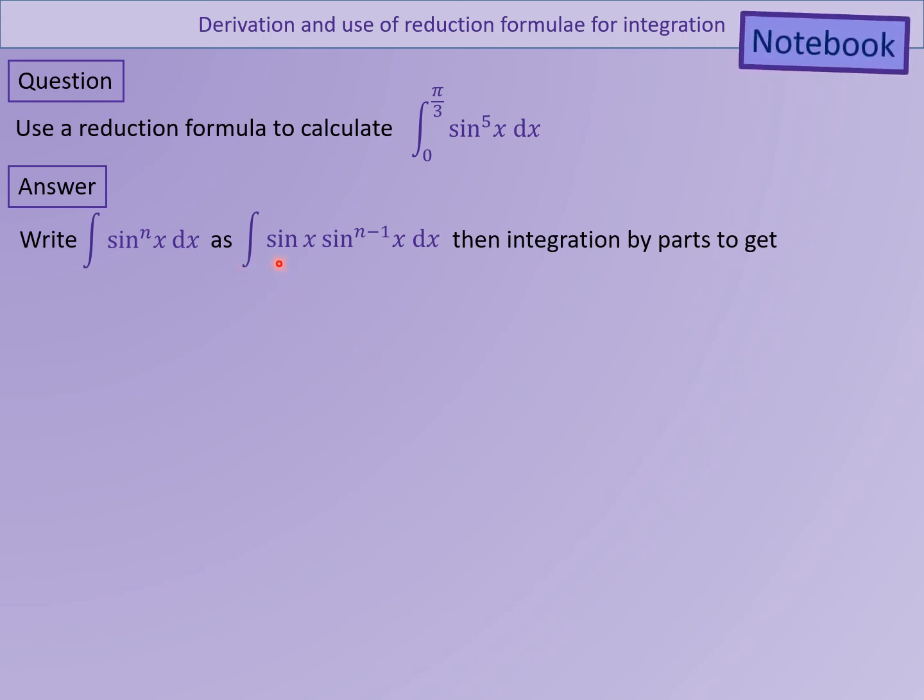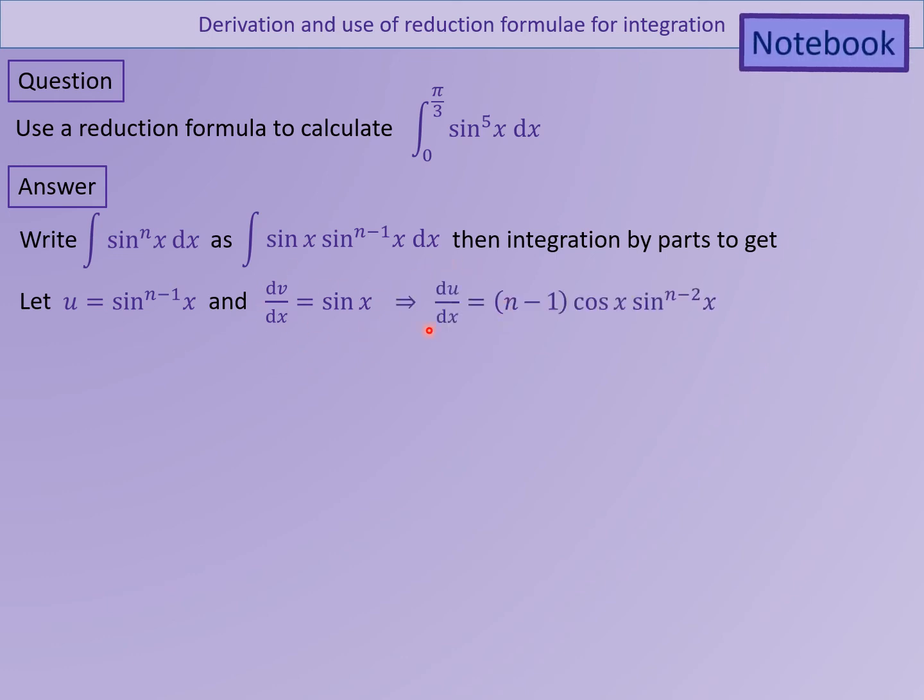So now I've got sine x times sine n minus 1 x. Okay, I've taken that out so it's still exactly the same. It is equivalent. I can now use integration by parts. Leave alone, differentiate, whichever bit I like. So I'm going to choose to differentiate the sine to the power n minus 1 because that's going to be a bit easier to differentiate. This bit is the bit I'm going to integrate.